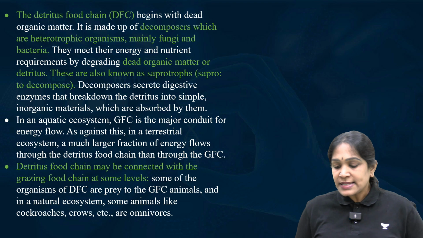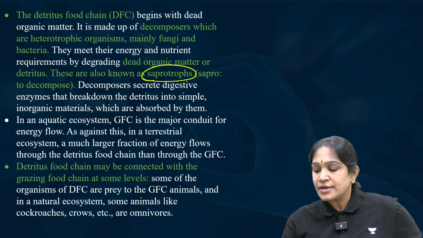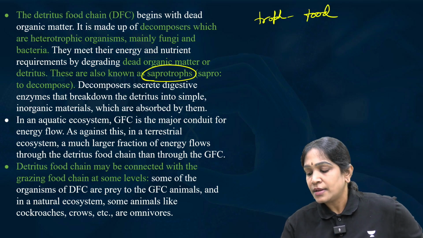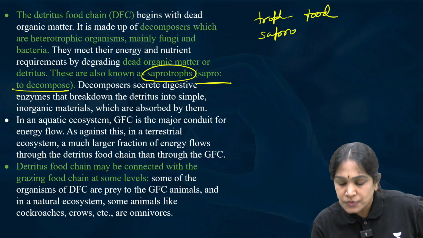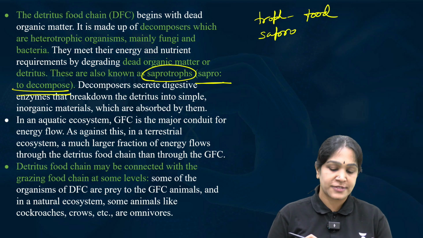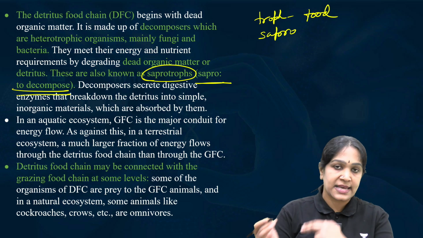Now, let us see another term called saprotrophs. Troph means food. The word sapro means decompose. So the decomposers are also called saprotrophs. What do they do? They release certain enzymes.